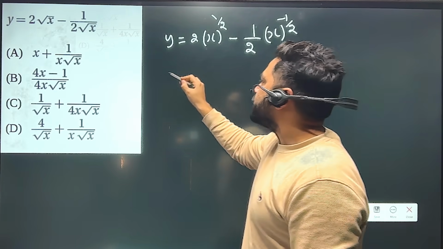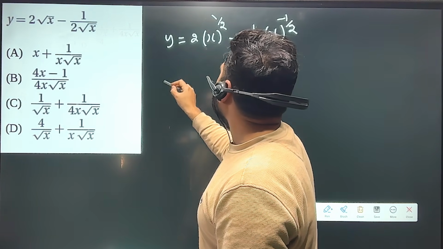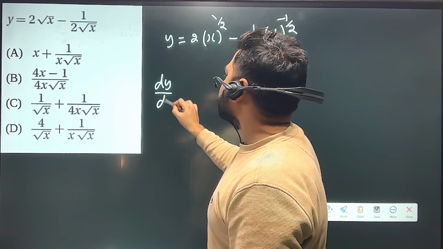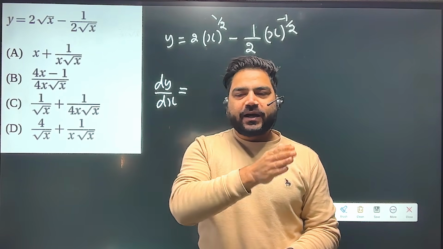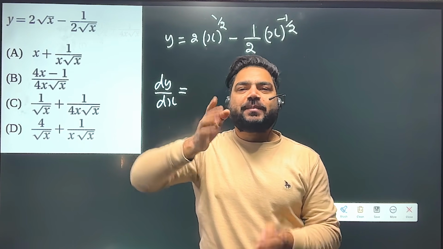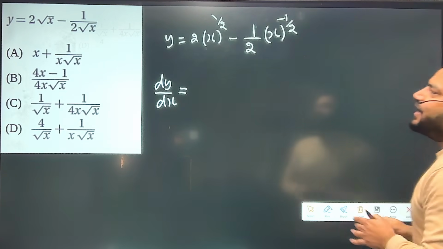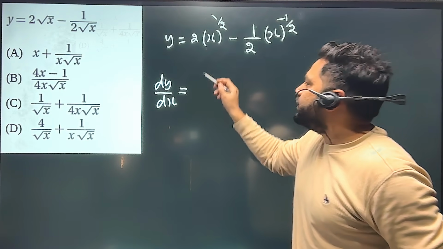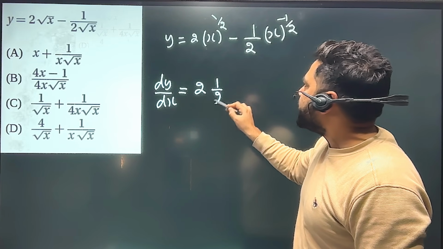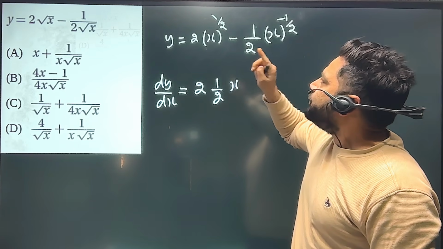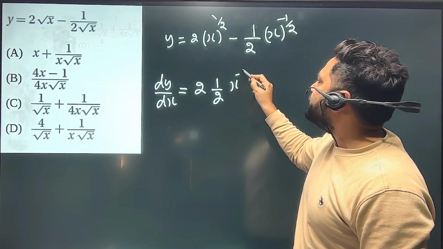All right, now solve this. Now do the basic formula. What is the basic formula of differentiation? Power will come ahead and one power we have to subtract. So this 2 will remain constant. The 1 by 2 power will come ahead and we subtract 1 from 1 by 2, which gives minus 1 by 2.